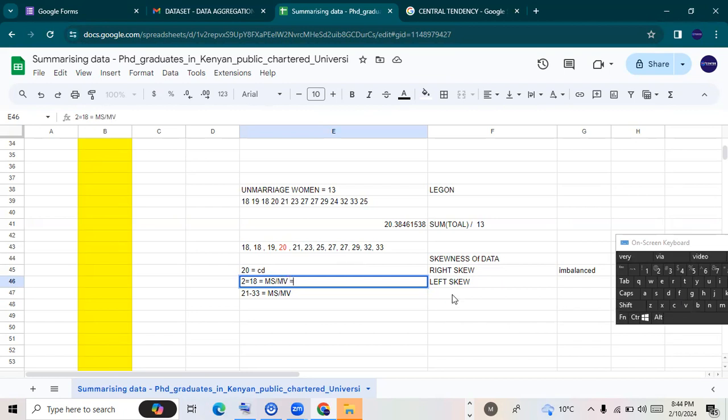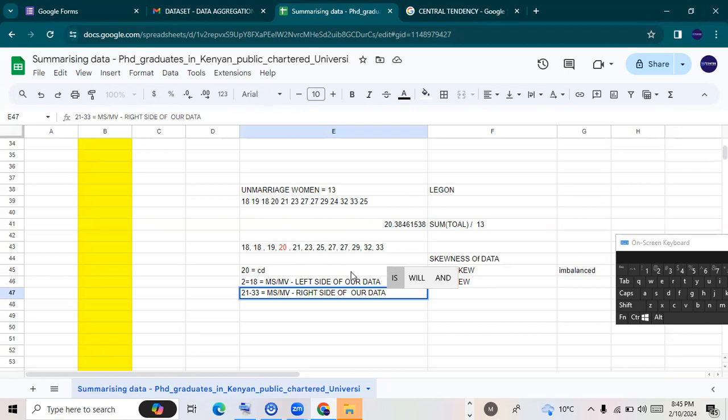So this is helping us to know what is happening at the left side of our data, and this part is also helping us to know what is happening at the right side of our data, hence looking for our measures of spread.